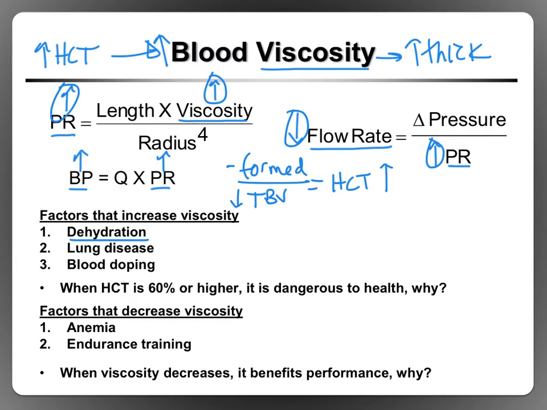Another factor that involves viscosity, and this is not related to exercise, but it's interesting to think about. When somebody has lung disease, they have trouble getting air in and out of their lungs. So what happens with lung disease is that people end up having low oxygen levels in their blood. And this triggers a negative feedback response.